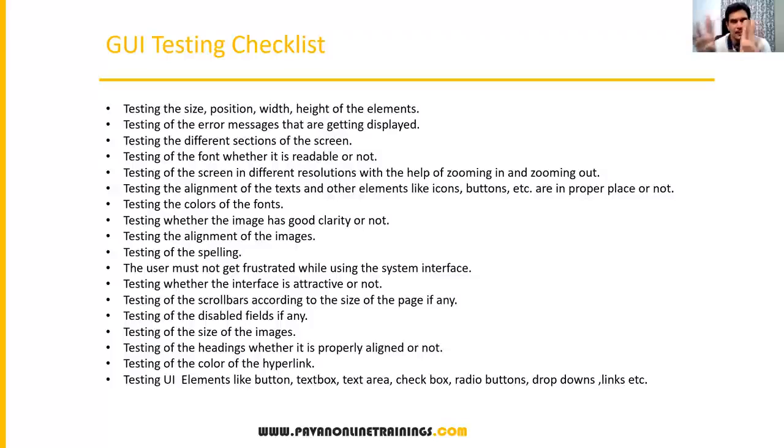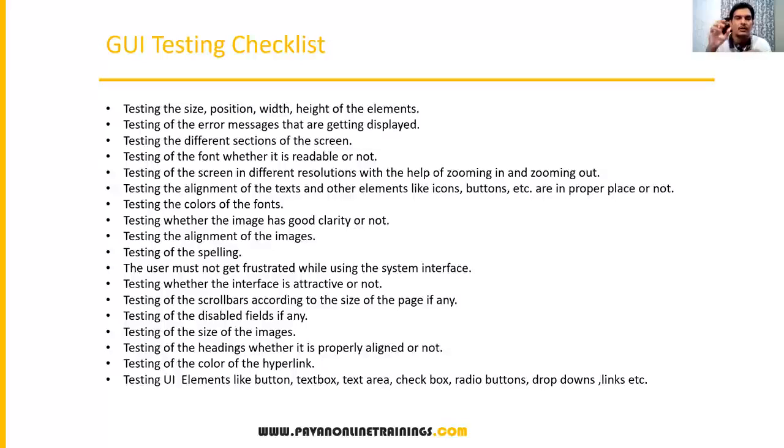Normally we prepare this in an Excel file, and then we check whether each and every item has already been tested in the application or not. Let us see what exactly is there in the checklist, and what we have to cover as part of the GUI testing of the application. Here our main focus is on the look and feel of the application, how the application looks, how attractive it is.